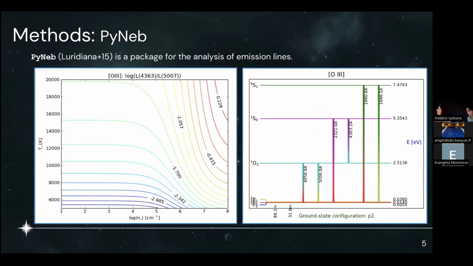So it can plot nice Grotrian diagrams, and it can measure emissivities of lines based on temperatures and densities, and it can vice versa estimate temperatures and densities based on sensitive line ratios. And so we use this to get gas diagnostics and measure the elements and ions abundances given the temperatures and densities that we measured.